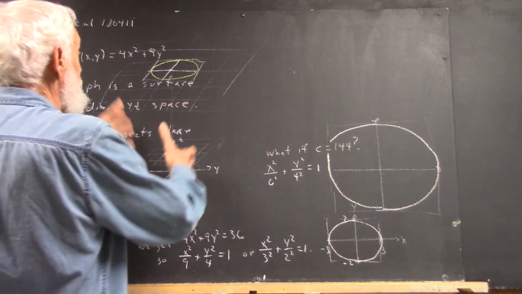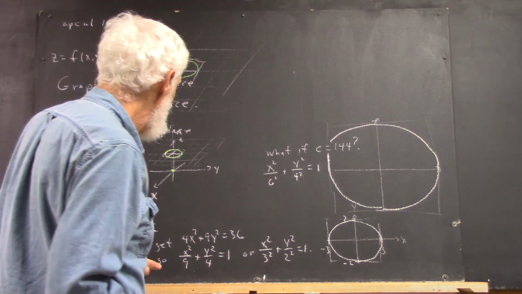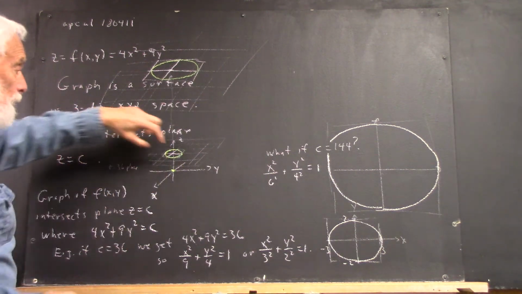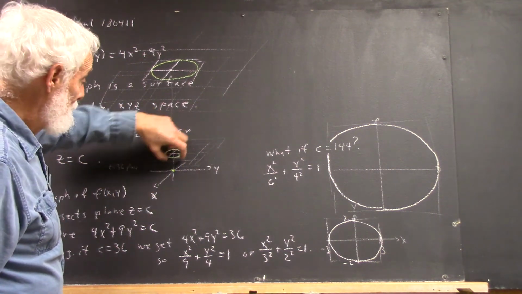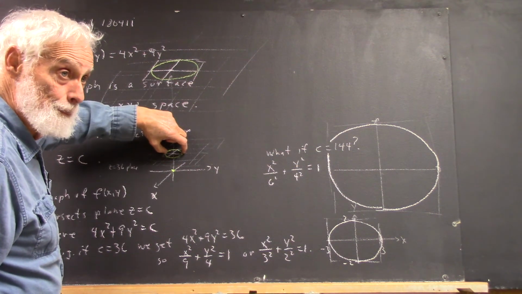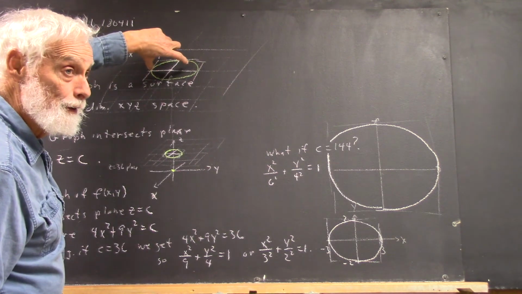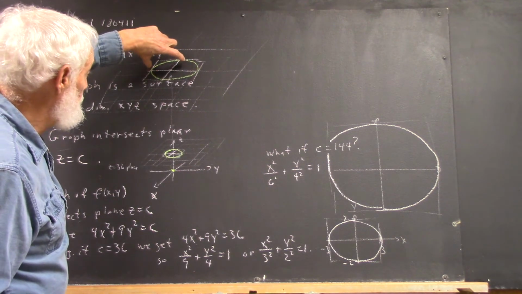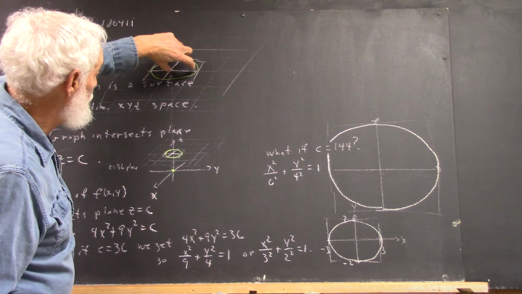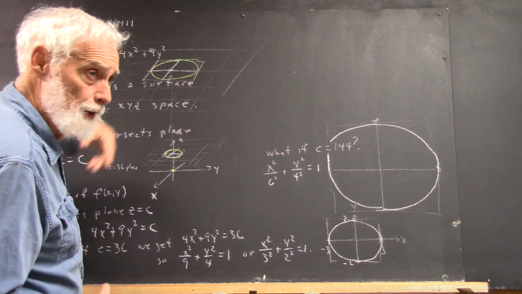This thing is spreading out as we go up. Okay? It spreads out to this length when we go from z equals 0 to z equals 36. It spreads out to double the length when we go up to z equals 144. Okay, and I'm not sure I doubled the length. This is actually a little too big, but you still get the idea.